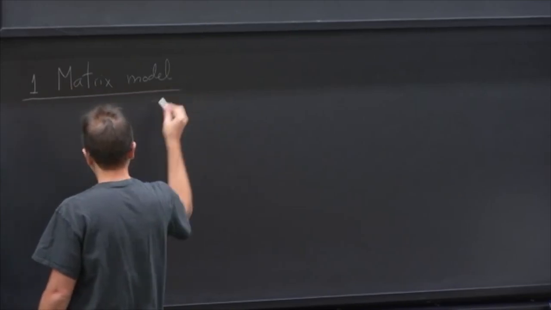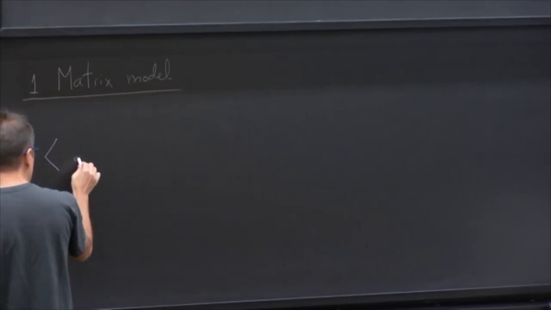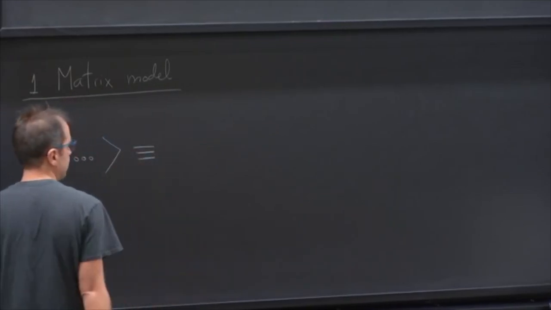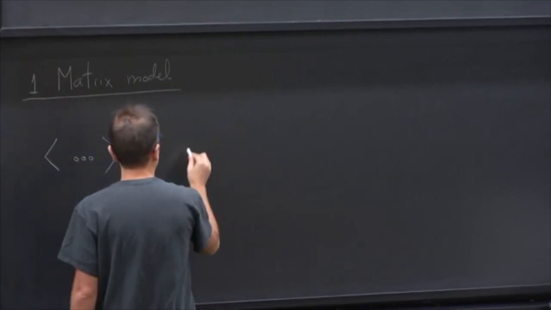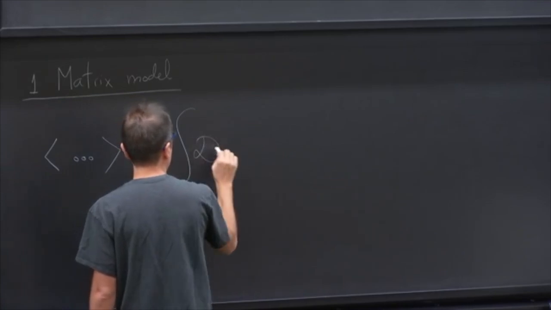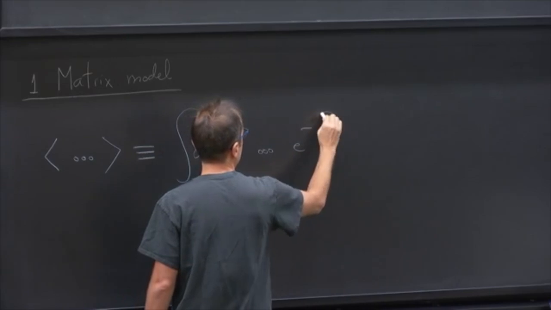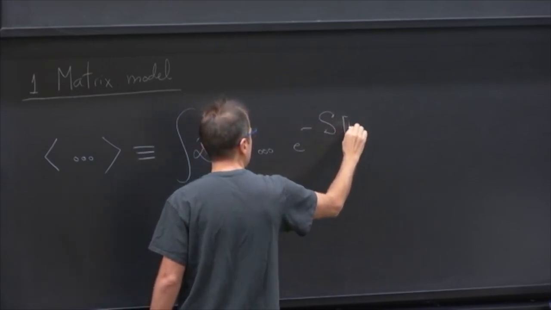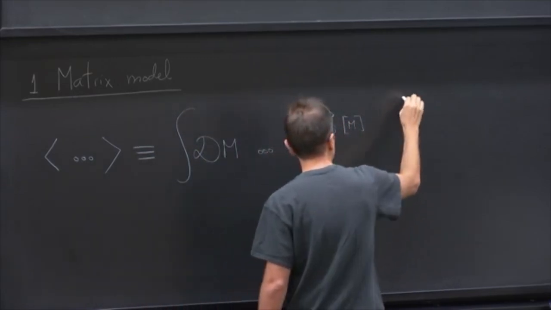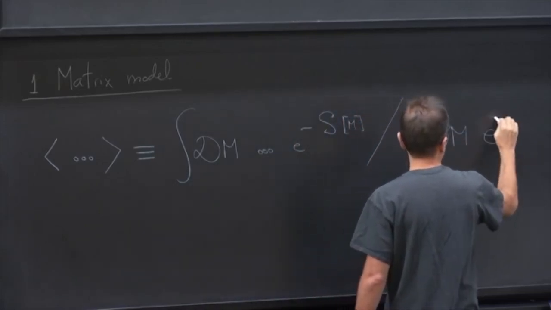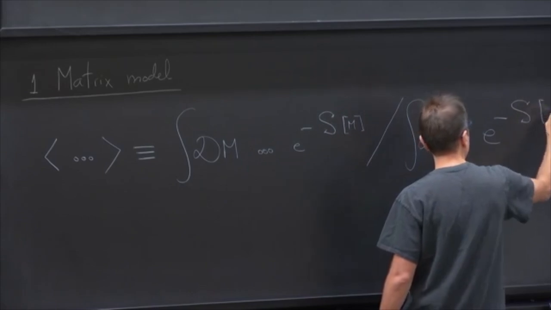So our one matrix model, the definition is: if you want to compute the expectation value of something, this is defined as the integral with the measure that we defined there of that something times e to the minus the action of M, and by normalization divided by the partition function, which would be just the integral without anything.